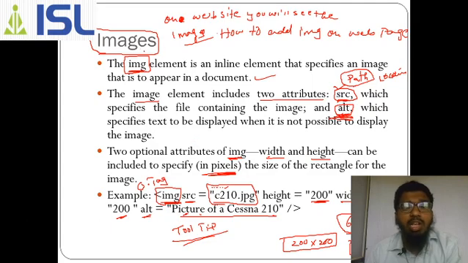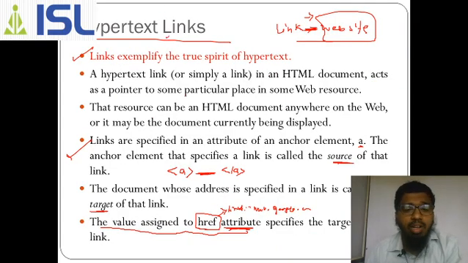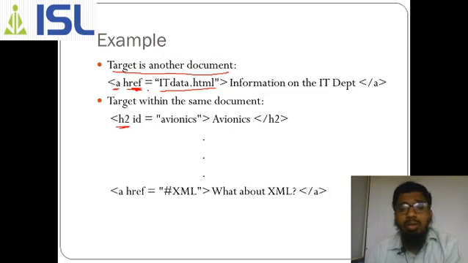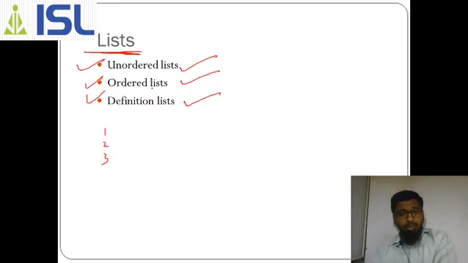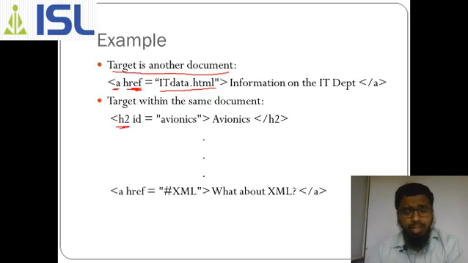Okay, and the images, what are images and how to add an image, what is SRC, what is ALT. Okay, we saw this, and what are width and height in the image. Okay, hyperlink, how to give a link within the document and outside the document, or if you want to search on the web, that is also possible.